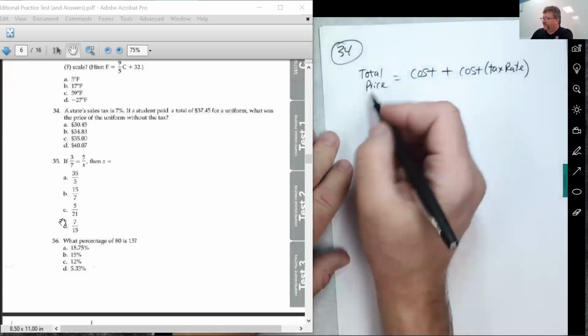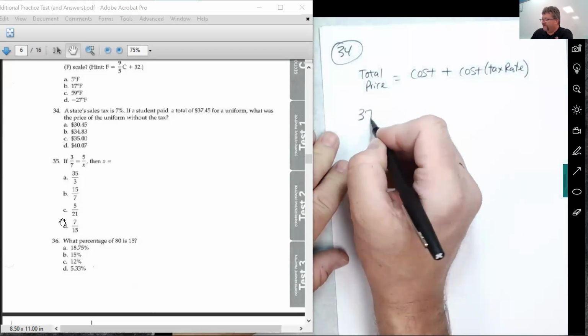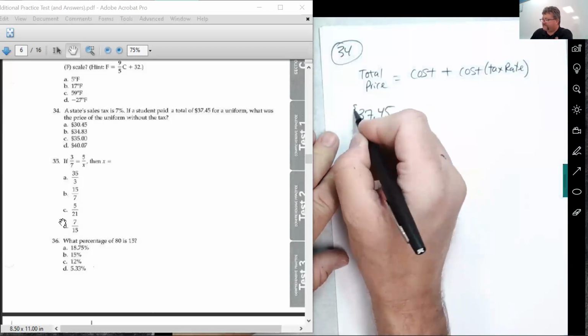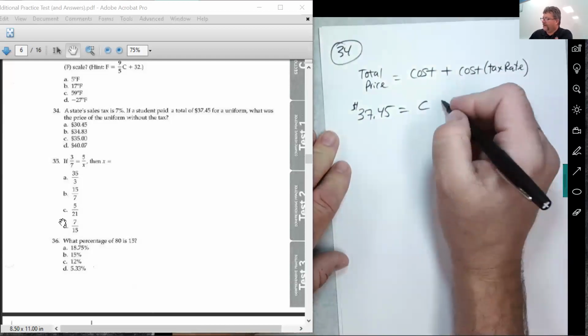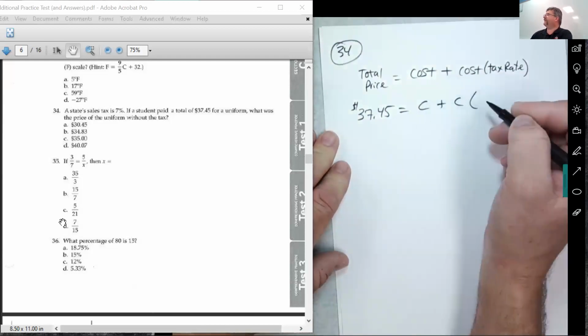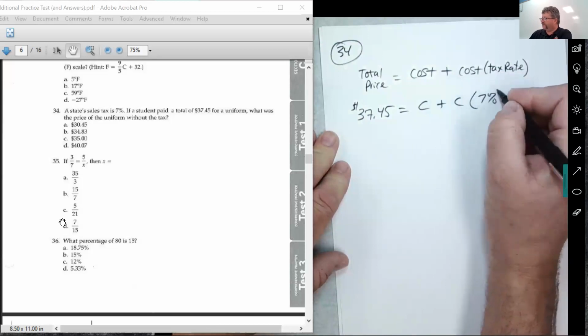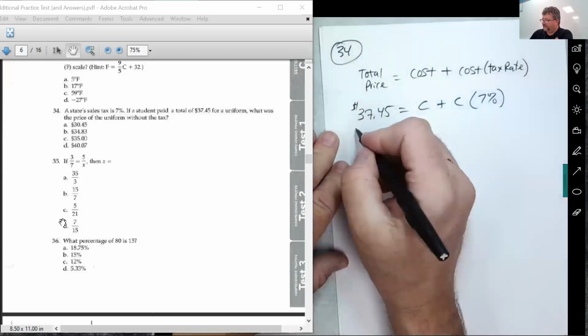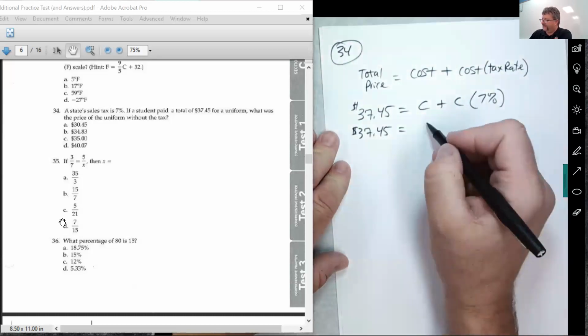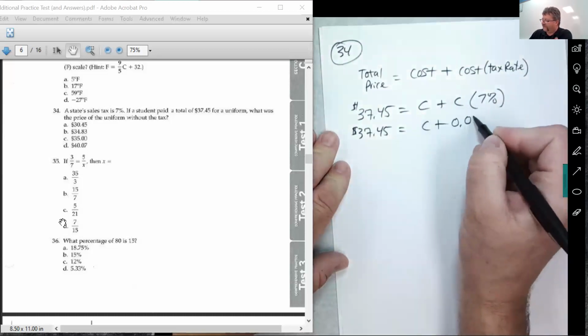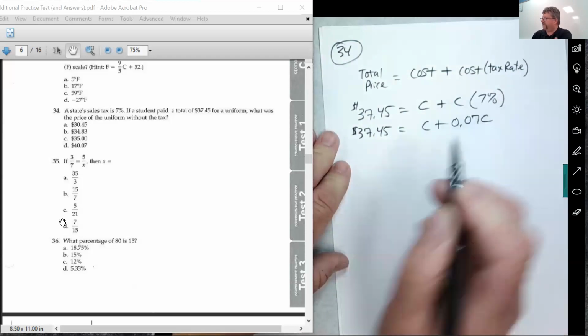We were told what the total price is, $37.45. I'll just use C for cost, equals C plus C times my tax rate of 7%. Okay, so 37.45 equals that C plus 0.07 C, right?